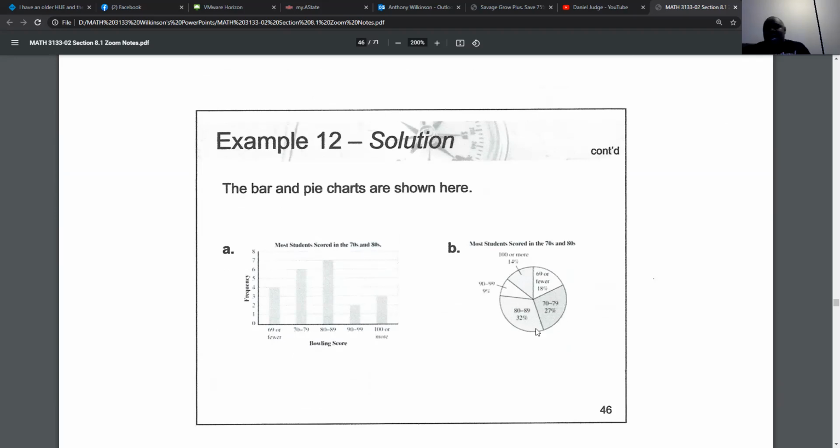And this is what the pie chart looks like. Now, the reason why I would not talk about pie charts in detail is because Microsoft Excel does create pie charts for you. Okay. Microsoft Excel does create the pie chart for you. So like, let me see if I can go to this.